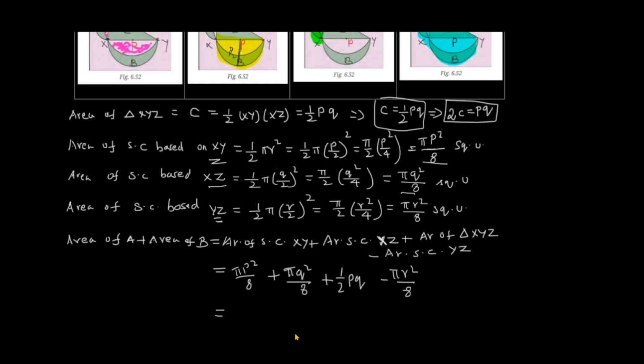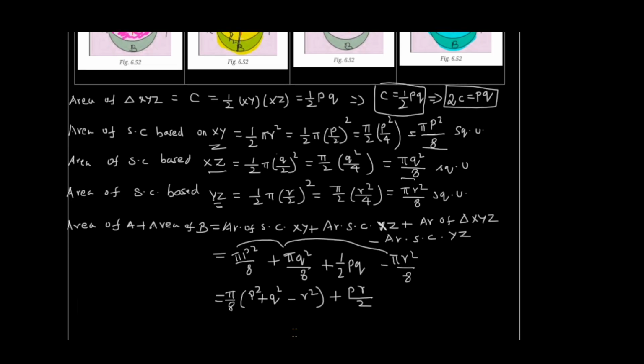Now combine pi P squared by 8, pi Q squared by 8 and pi R squared by 8. So pi by 8 is common: P squared plus Q squared minus R squared, plus 1 by 2 PQ.